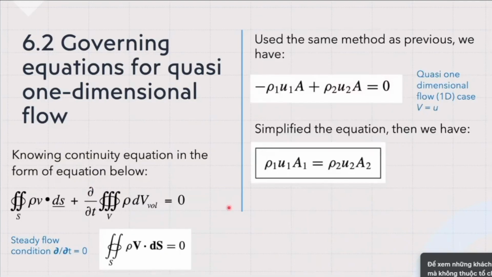All right, so let us go through the derivation for this particular kind of problem, quasi one-dimensional flow. Knowing the continuity equation in the form of this expression, we have the component of the density and velocity integrated over the surface, as well as the triple integration of the density over the volume V, right?